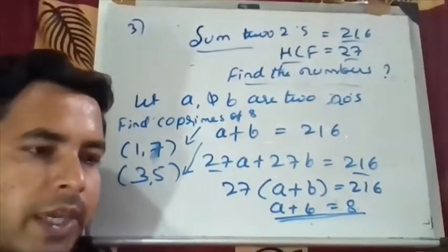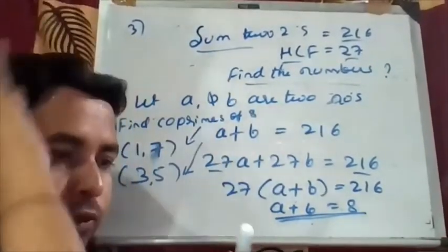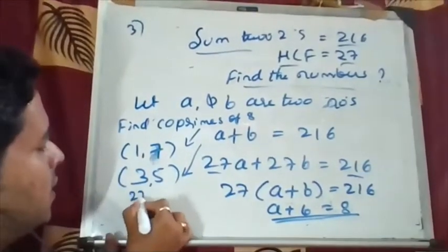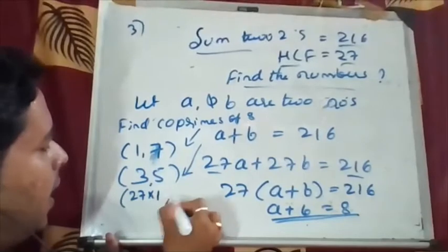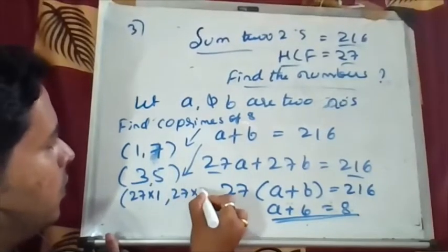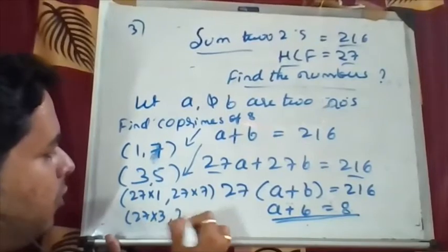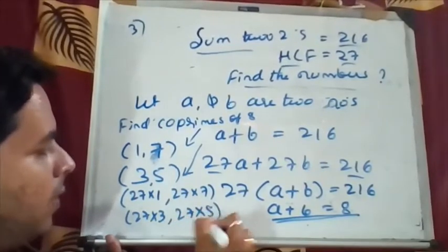Okay. So here what you have to do? You have to find the numbers. How? Just multiply 27 into 1 and 27 into 7, and 27 into 3 and 27 into 5.